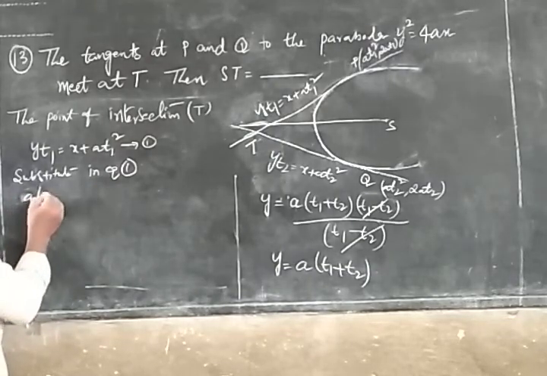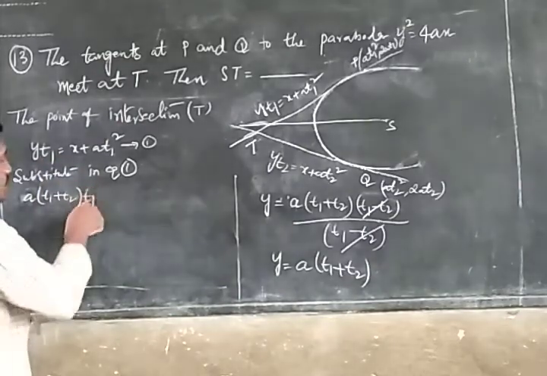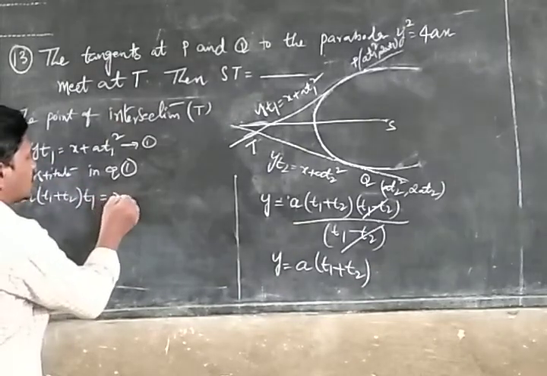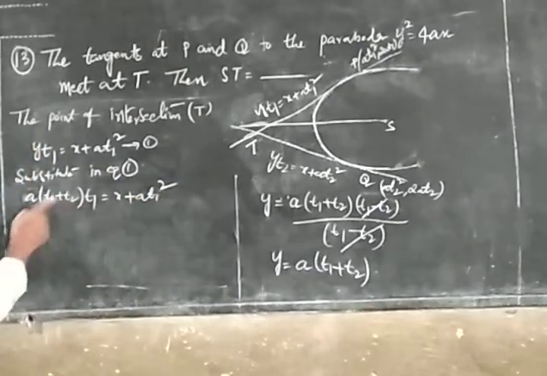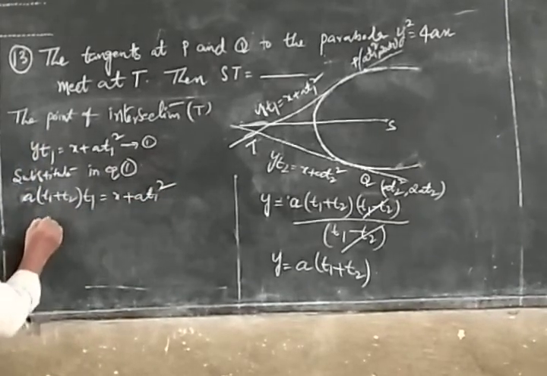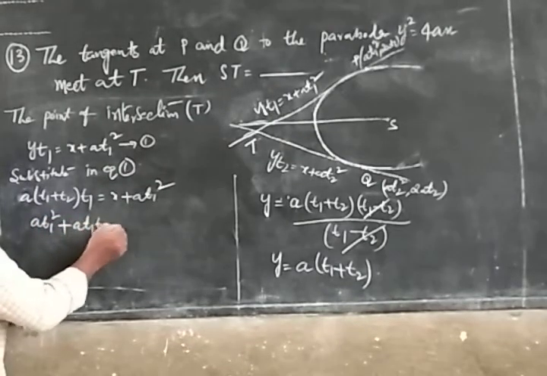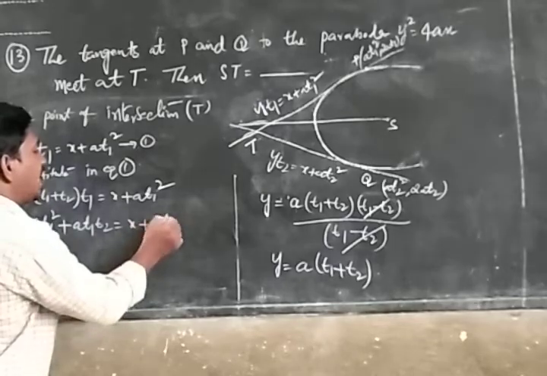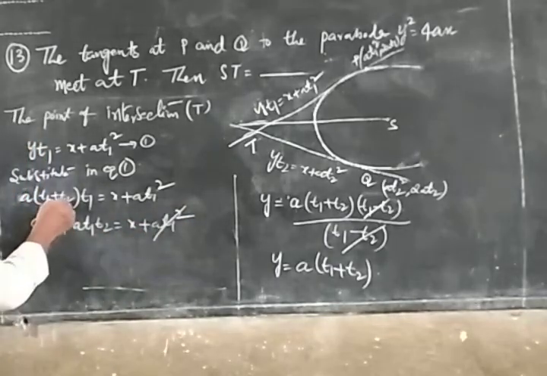a into t1 plus t2 into t1 equal to x plus at1 square. Now by the multiplication, at1 square plus at1 t2 equal to x plus at1 square. Here at1 square and at1 square both cancel.